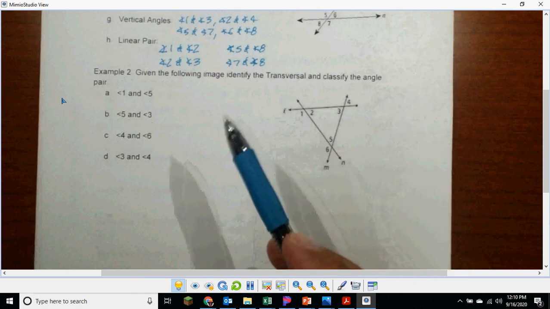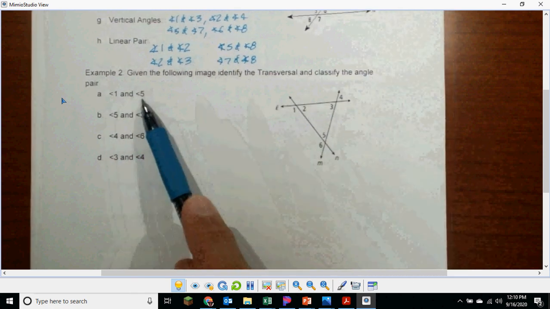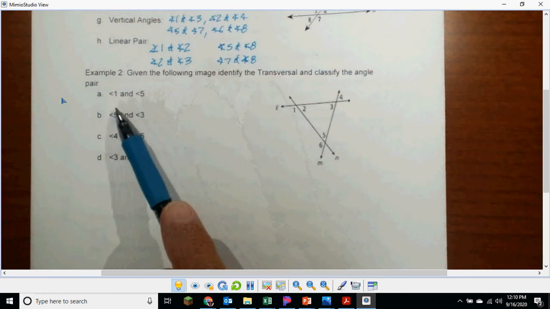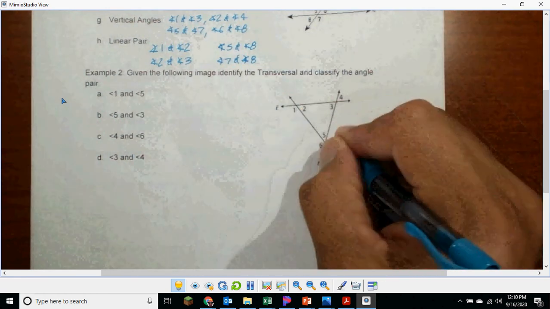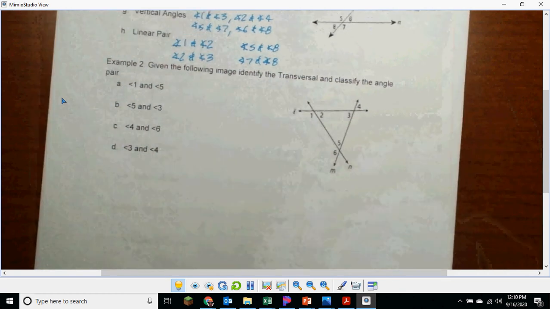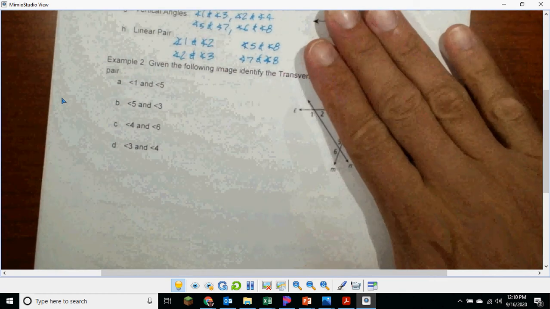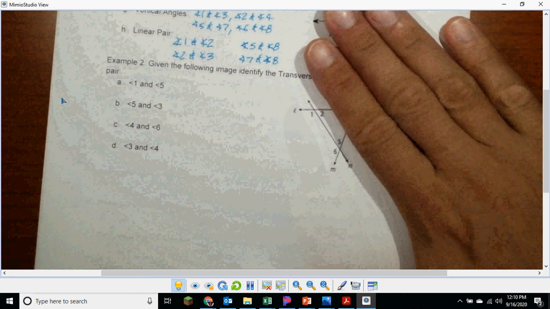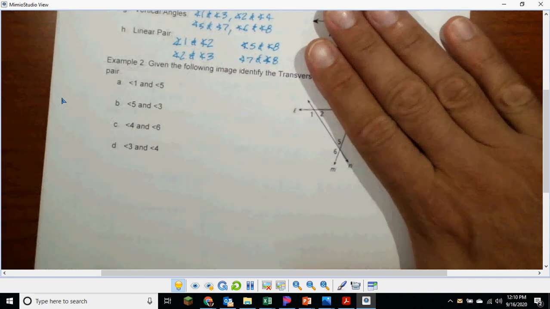So if I look at angle 1 and angle 5, the question asks us, which is the transversal for 1 and 5? All right, here are 1 and 5. If I consider 1 and 5, if I look at my drawing like this and disregard the other intersection, I can see that N is the transversal.